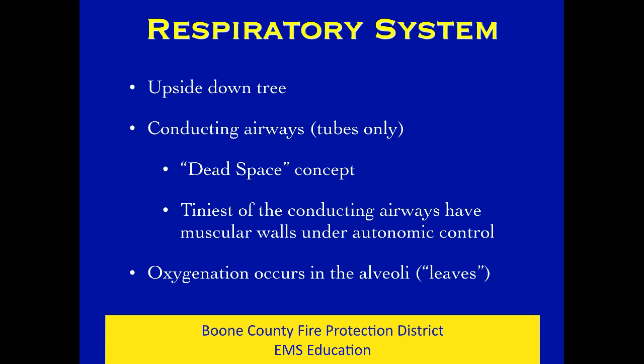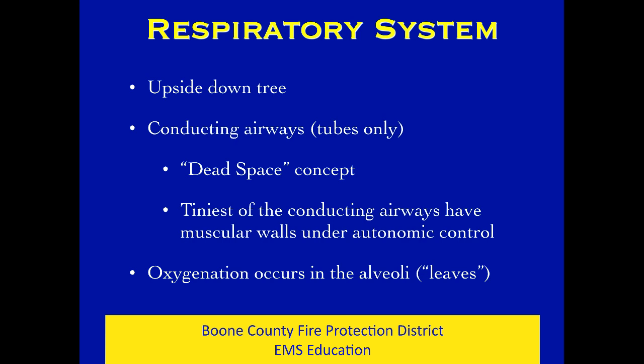So what this means basically is that the airways that take air to the alveoli are called conducting airways. And they have muscular walls. They're under the autonomic nervous system control, meaning automatic, more or less. You can't really think that I want to constrict my bronchioles. The autonomic nervous system takes care of that, so sympathetic and parasympathetic nervous systems.